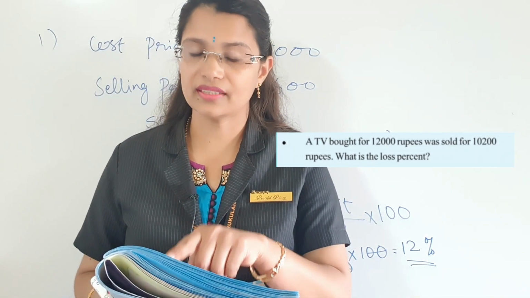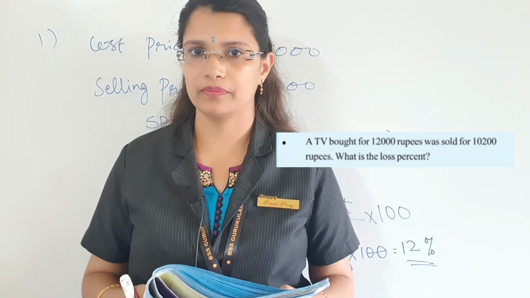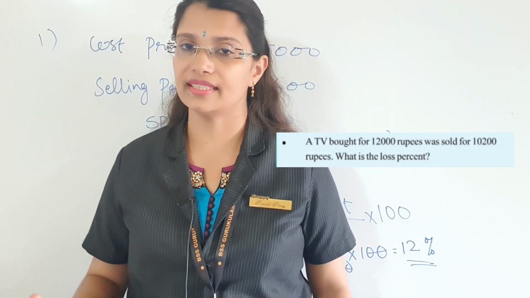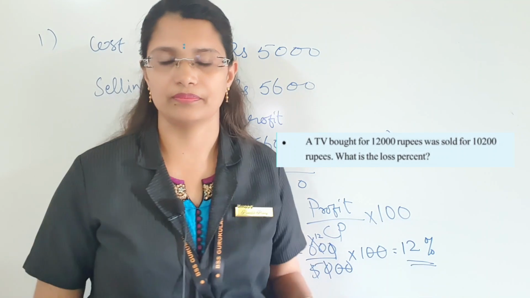Here the cost price is 12,000 and selling price is 10,200 only. So obviously cost price is greater. If the cost price is greater, loss will be the result. So here we have to subtract from cost price. Whichever is the bigger number, you have to subtract from that. Okay, here cost price is greater, so cost price minus selling price.